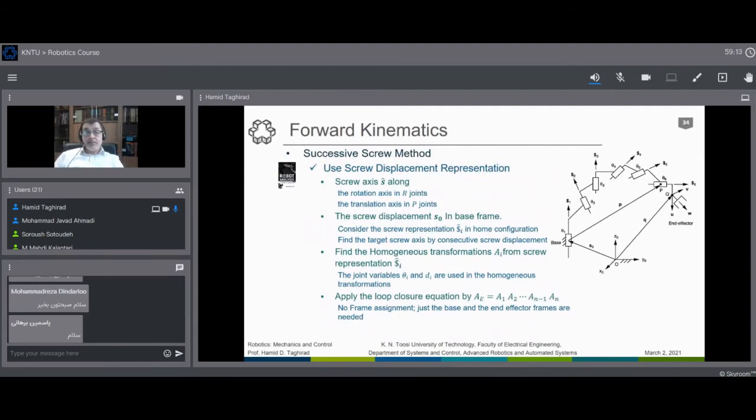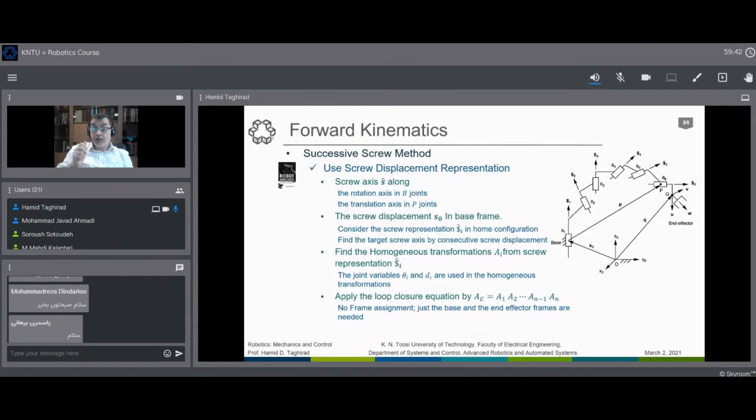The screw displacement, as we discussed before, we had given in the last chapter, but this screw representation has some physical meaning. You know that if we have a rotation along an axis, then this axis would be the screw axis.